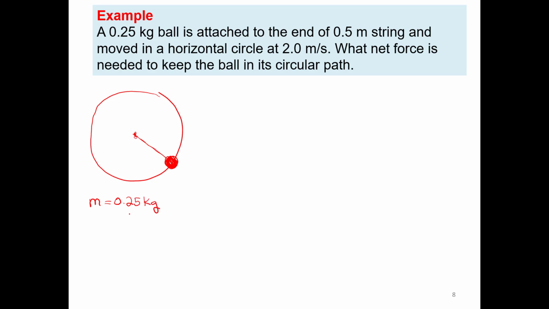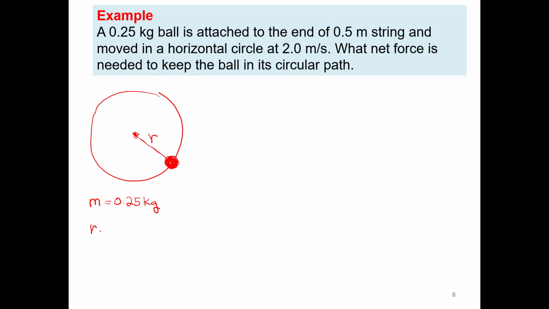Please pay attention to the units. If it's mass, then it must be kilograms. It doesn't say clearly that this is the radius of the circular path, but because the string is attached to the end, this distance corresponds to the radius of the circular trajectory.